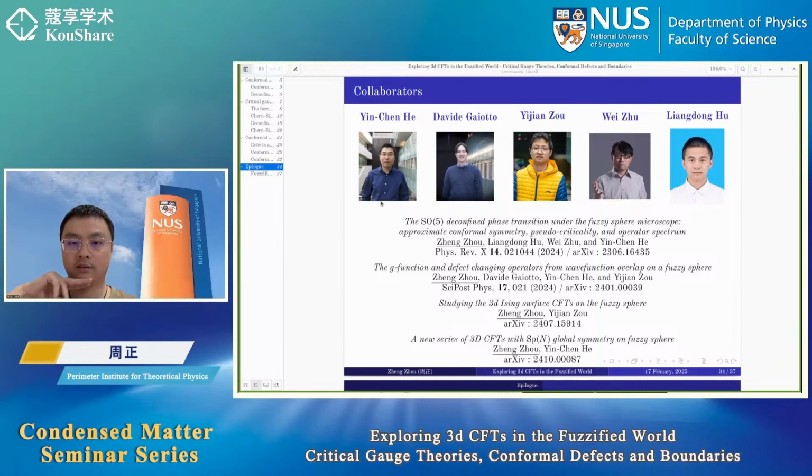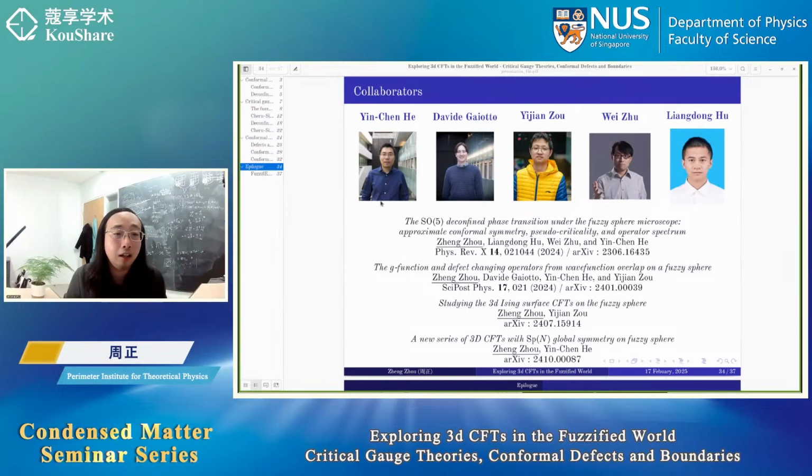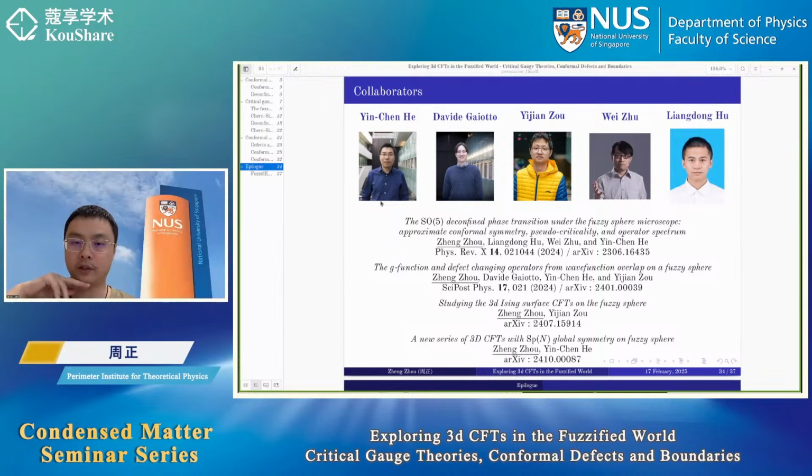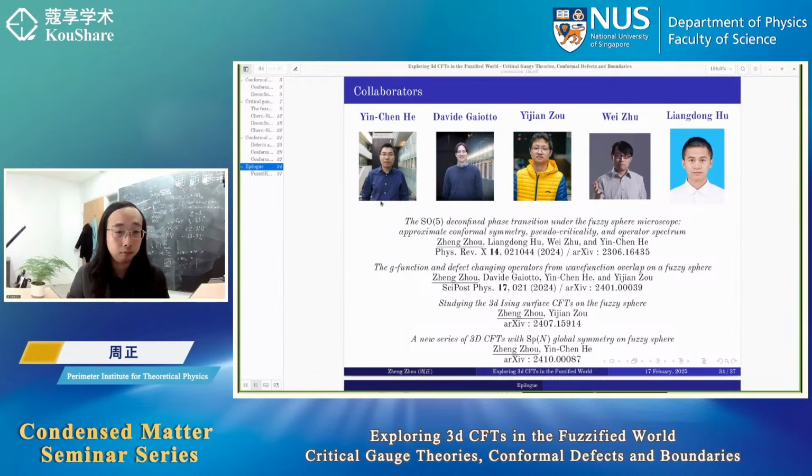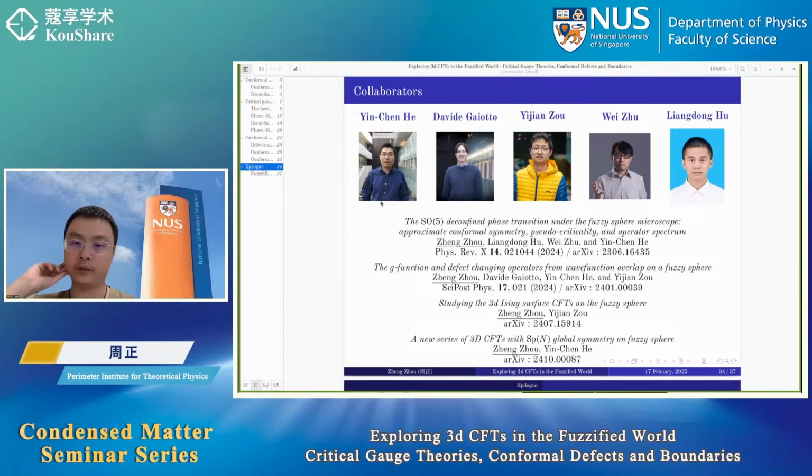So in some cases, the large N cannot quite make the resummation of diagrams much simpler. I vaguely remember that this happens to some of the SPN theories. In those cases, I guess the gauge group is large, but the flavor is not too large. Is it the case? That's true. Okay. Thank you.